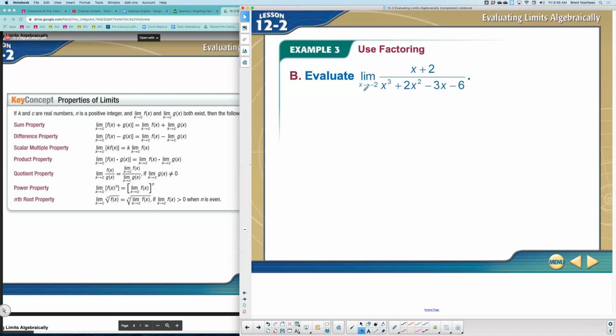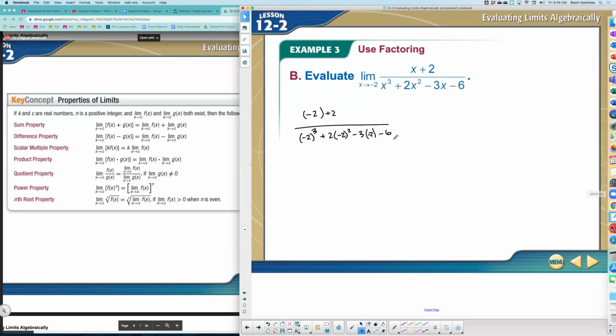So the same thing here. Let's test it. If I did a direct substitution, since this is a rational function, polynomial over polynomial, I could say that it will be equal to, if I substitute that -2 in, -2 plus 2, which is going to be 0, divided by -2 quantity cubed plus 2 times -2 squared minus 3 times -2 minus 6. So what I have here is 0 divided by -2 times -2 times -2.